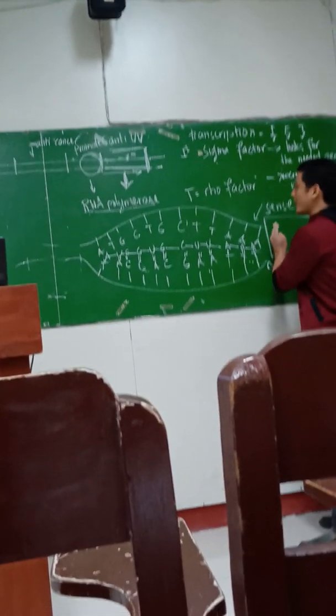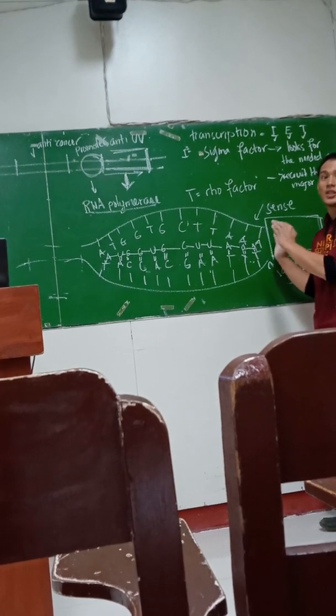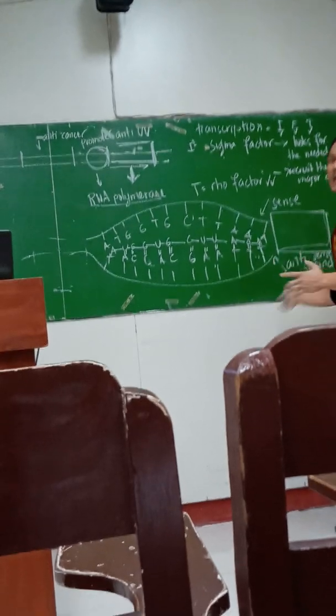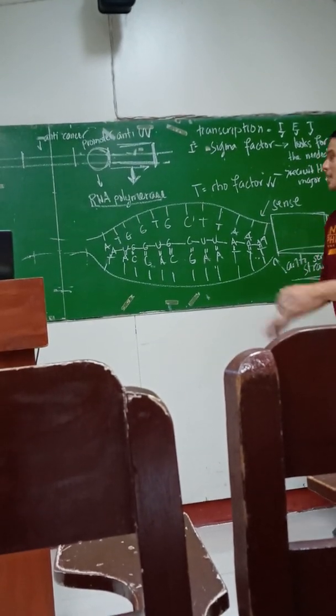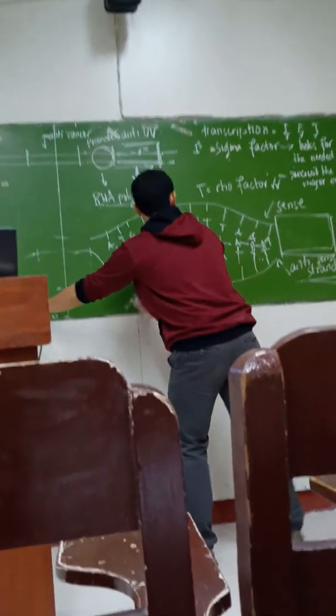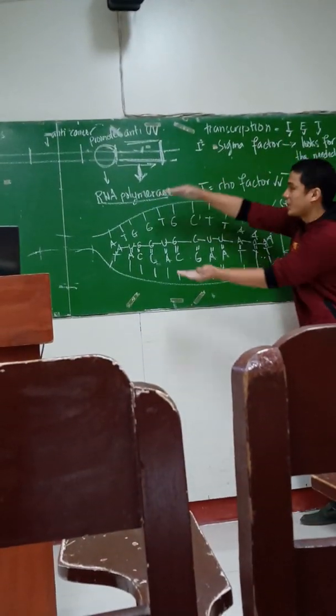And once your RNA polymerase has reached the end of the gene, anong mangyayari? Sino papasok? Rho factor destabilizes the whole transcription mechanism such that it liberates your RNA. Mawawala siya. Your DNA will be restored.